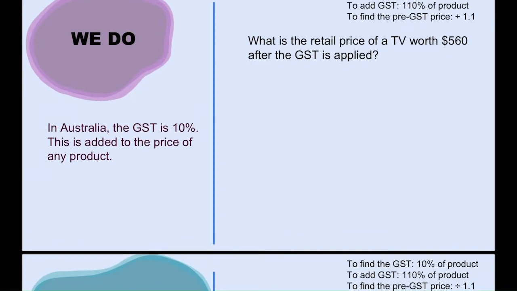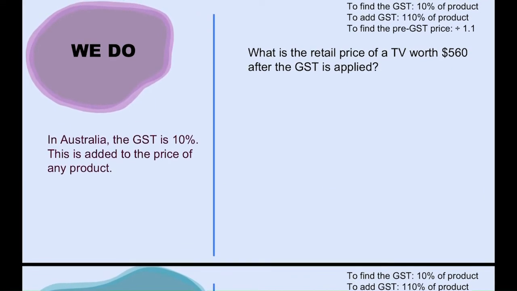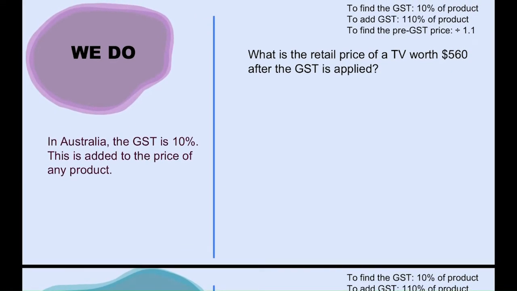You guys can write this one down with me. We want to know the retail price of a TV worth $560 after we've added on the GST. So we're going to be adding on the GST and finding the total price value of the TV plus GST. So we're going to do 110%, sorry, of the value of the TV, $560.